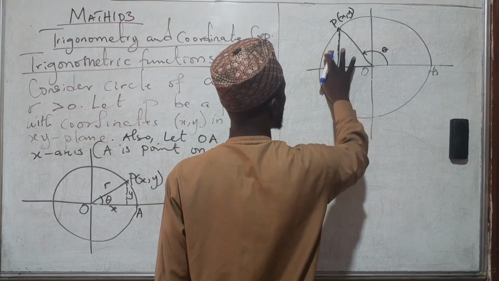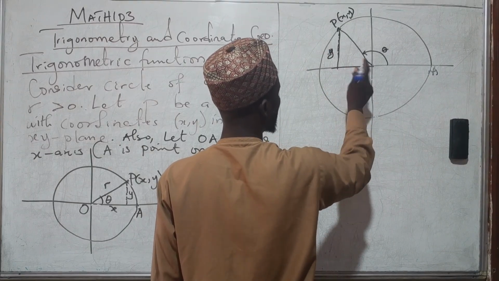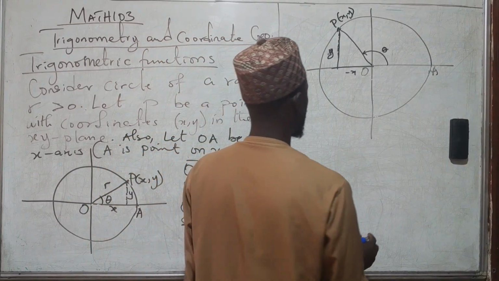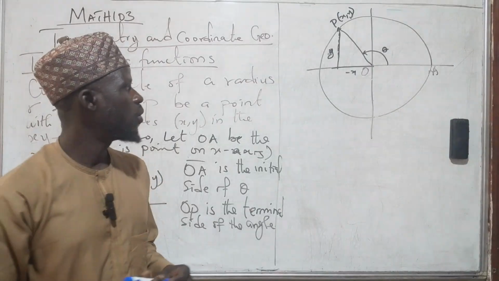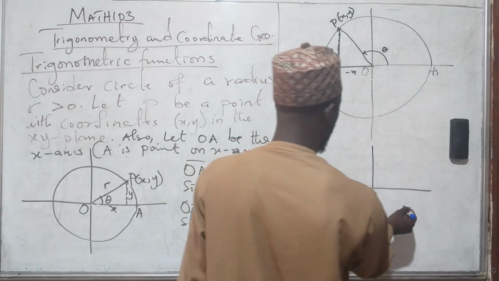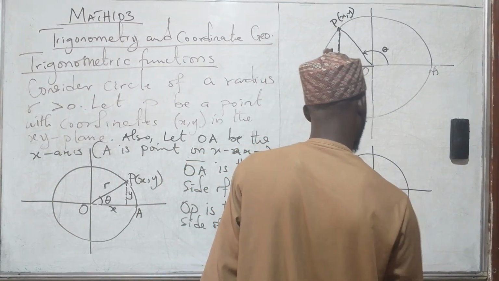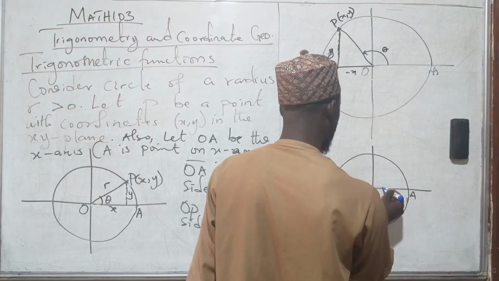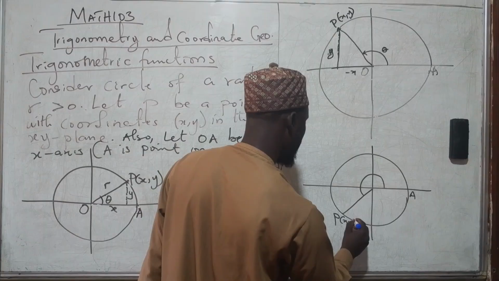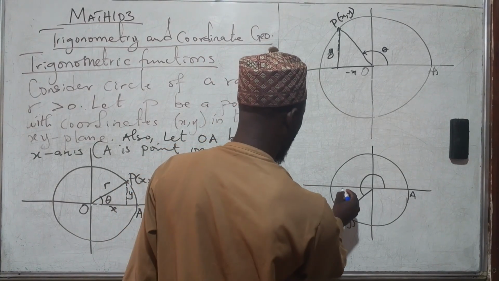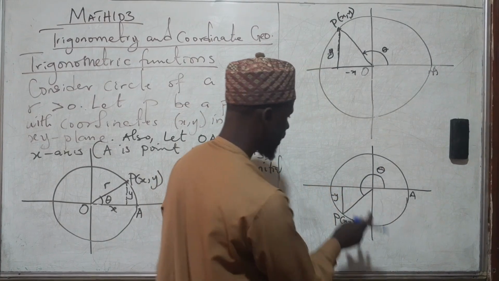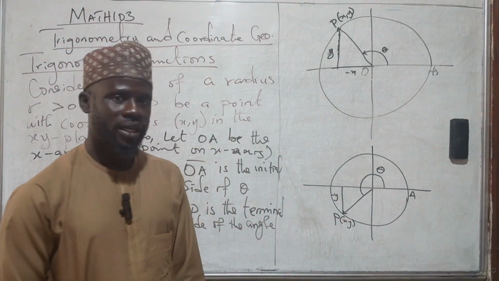Here is x, here is y, and here is our x on the negative x-axis. So this is in the second quadrant. This is how we view the picture of the coordinate. And looking at this, here is A, here is theta, and here is the point P, x, y. And so what we have here is the negative y, and then theta is in the third quadrant.